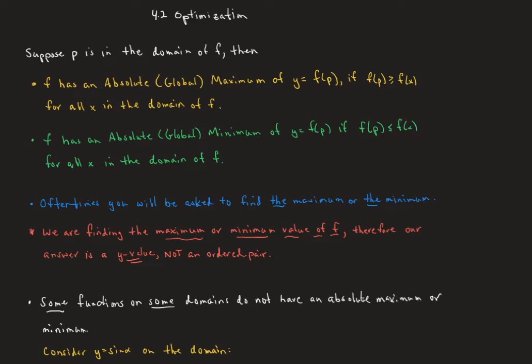And then likewise, F has an absolute minimum, or a global minimum, if its Y value is less than or equal to all the other Y values in the domain of F. That doesn't have to be unique. If you looked at, say, Y equals sine X, a sine curve is going to do this wave thing where it bounces around between 1 and -1 and just keeps going, then its absolute maximum over the whole real numbers is 1.